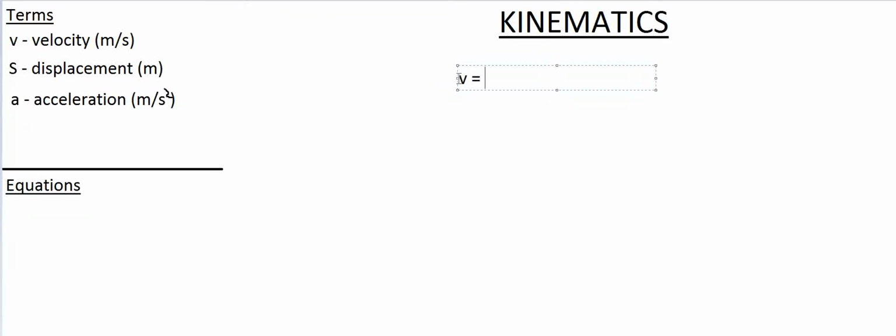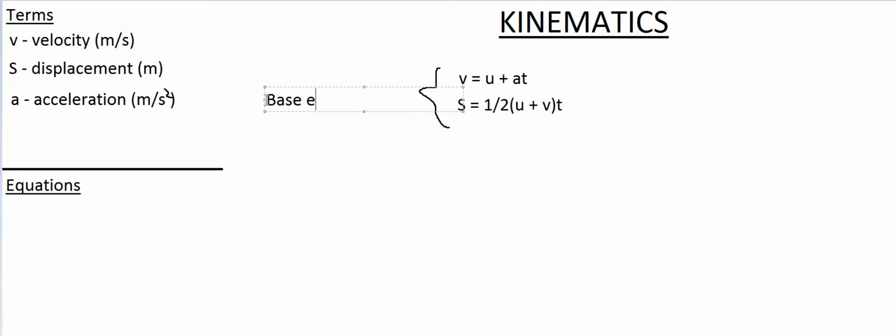V equals U plus AT, and S equals half (U plus V) T. I'll start with these two because they are the base equations.